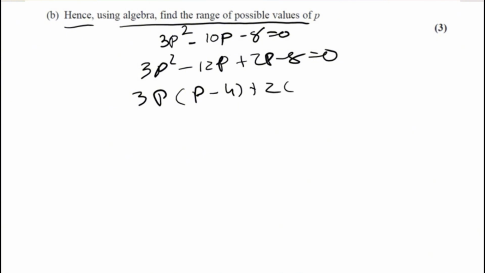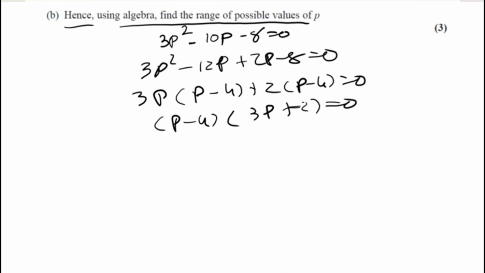Plus 2 is common, (p minus 4) equal to 0. So (p minus 4)(3p plus 2) equals 0. So p is equal to 4 and p is equal to minus 2 over 3. So these are our required values.